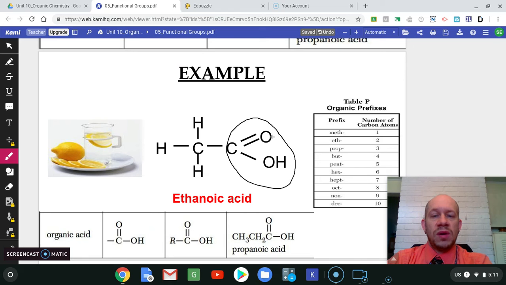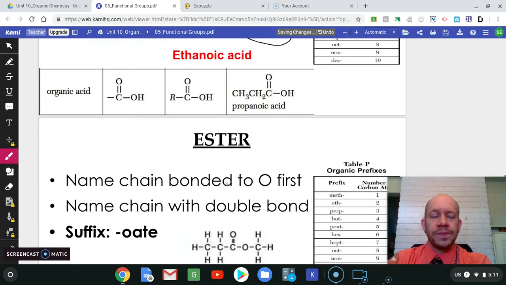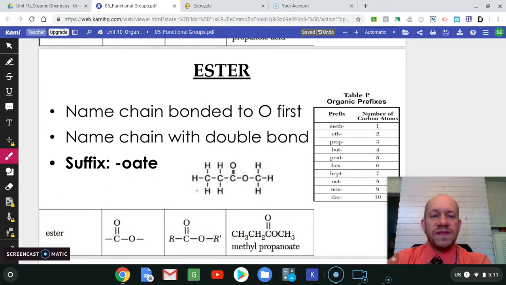Esters have the functional group, the 2 O's here in the middle. Name the chain bonded to the O first. So this chain is bonded to the O, therefore this is a methyl group. Then you're going to name the chain with the double bond. So here's my double bond. It has 3 carbons, 1, 2, 3. So that's a prop. And you're going to add the suffix -ate.